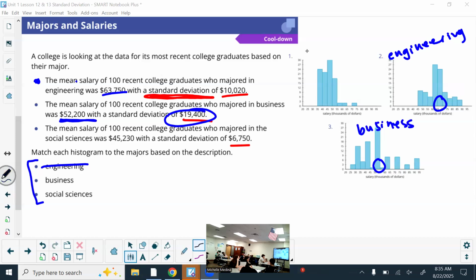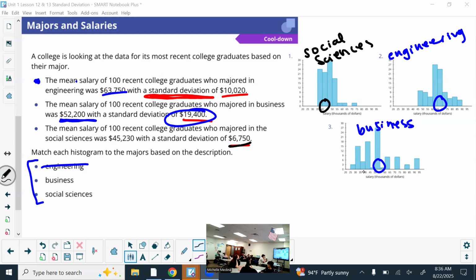So then that means graph 1 should be the social sciences, who had the smallest standard deviation, which could be good because that means they make consistent income, like whatever they think they could get. And is it centered around the 45,000, you guys think? Yeah.